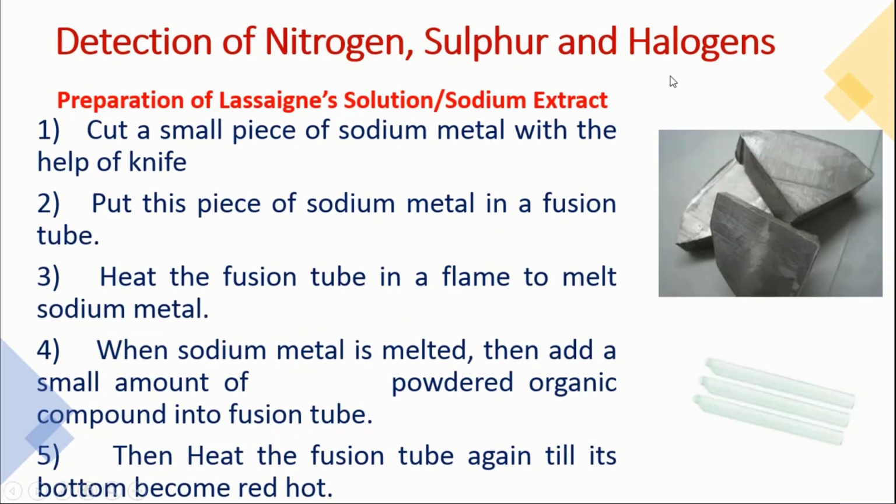So for the detection of nitrogen, sulfur and halogens, we perform a special test, and this test is given in your experimental practical notebook for examination. So this test is special for nitrogen, sulfur and halogens, and that test is called the Lassaigne solution test, or you can say the sodium extract.